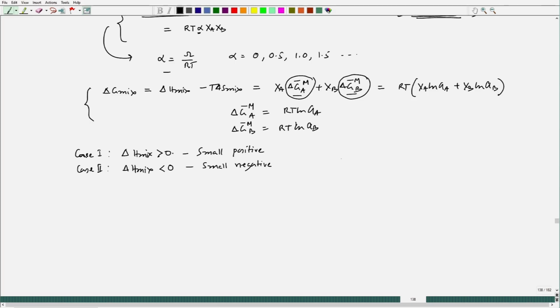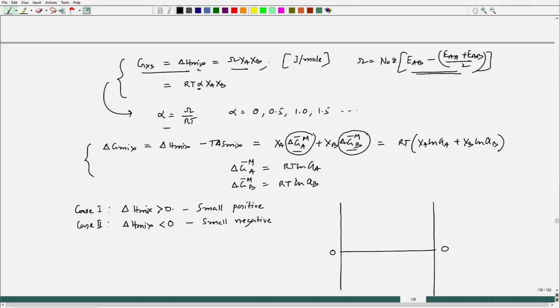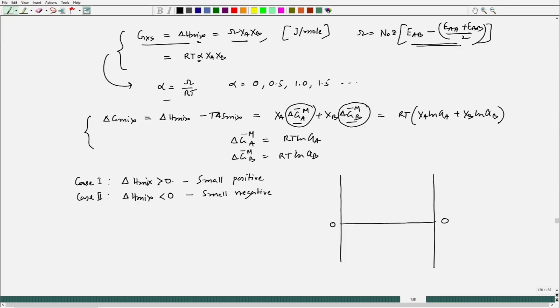So, if I plot, let us say this is 0, 0, since this is equal to this quantity. So, at x a equal to 0, del H mix should be 0, and at x b equal to 0, del H mix should be 0, and this is parabolic and symmetric between these two zero points. This 0 is coming because here x b equal to 1, which is pure B, and here x a equal to 1, which is pure A, and correspondingly x b equal to 0 and x a equal to 0.